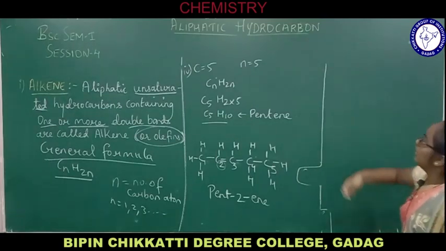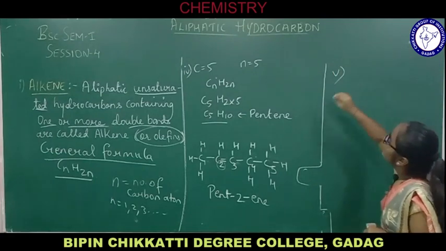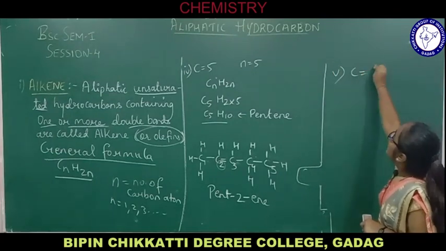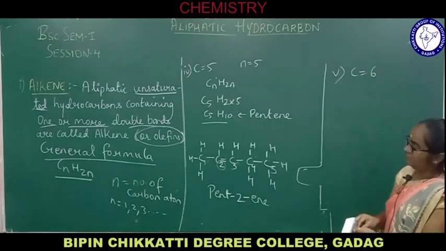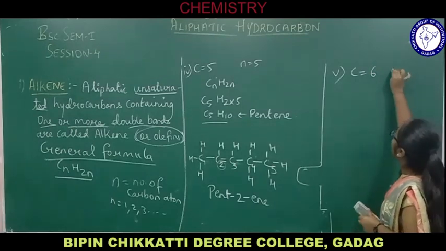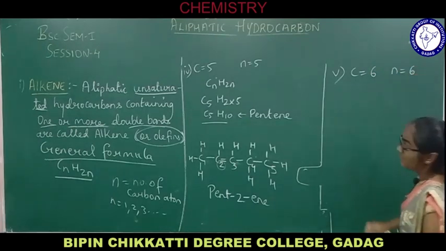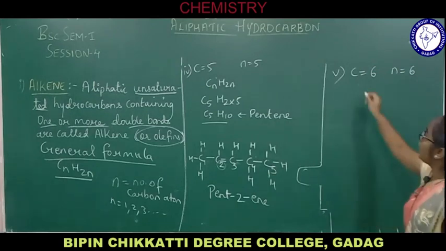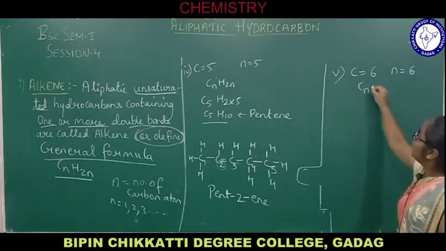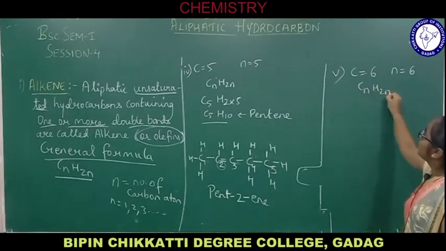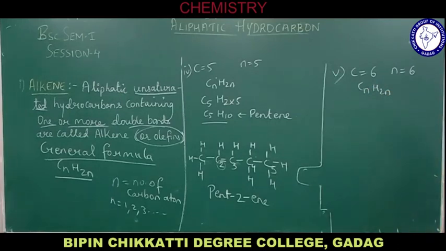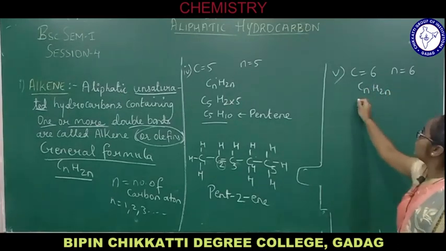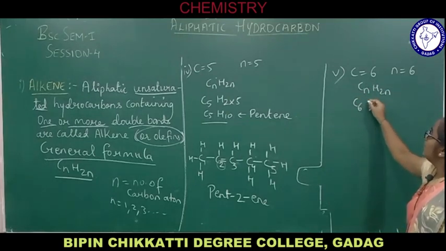Okay, now the 5th one was C5, and this has C6. N we are going to substitute as 6, and we know that the general formula for the alkene is CnH2n, right? So if this is the general formula for the alkene, let's substitute the n with 6, okay?